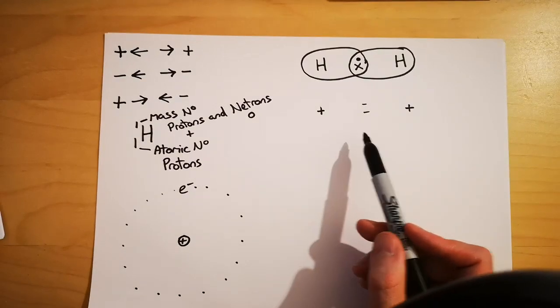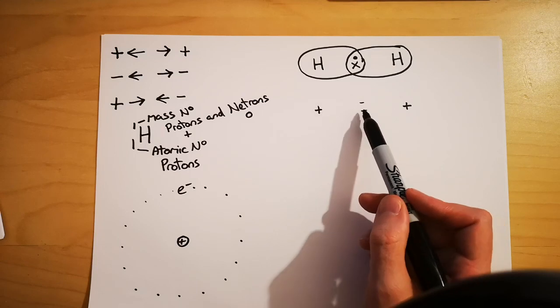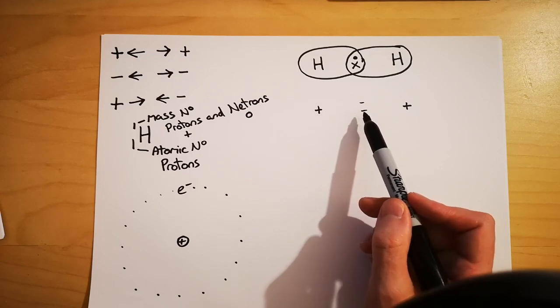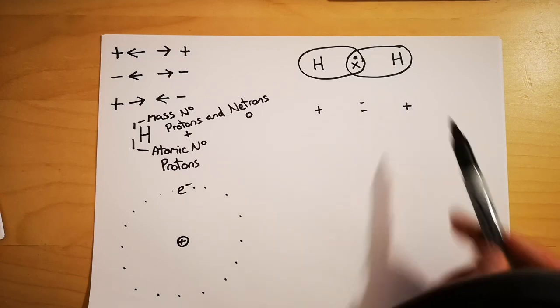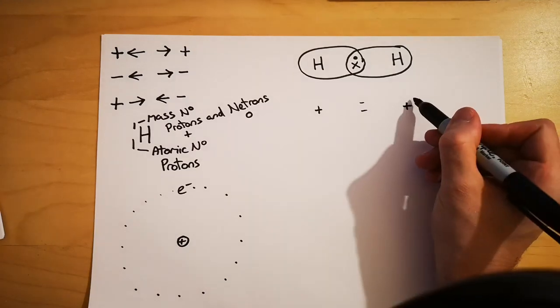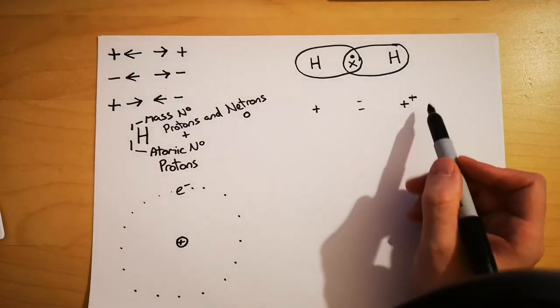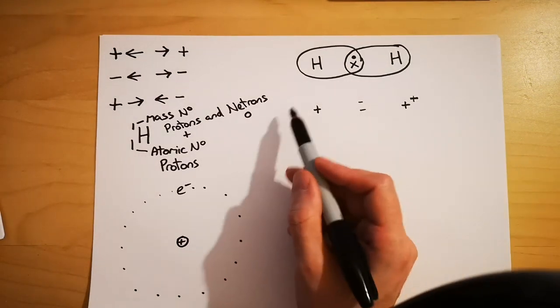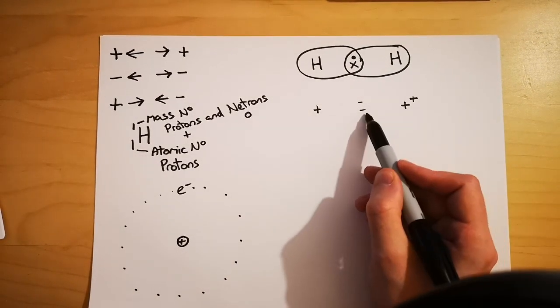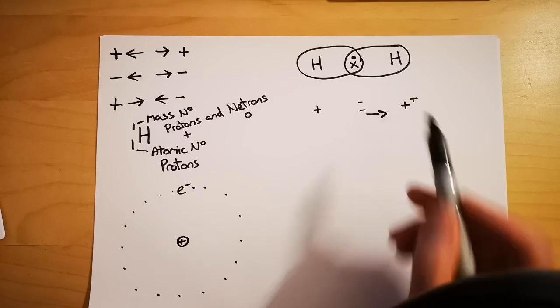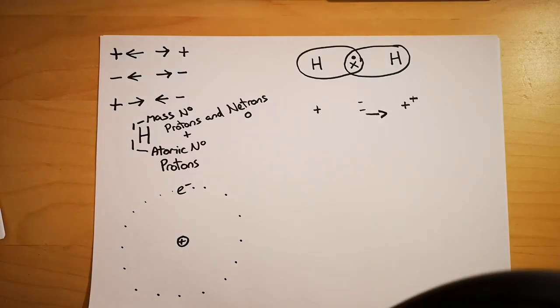So in this tug of war, those two negative charges stay right in the middle. What would happen if I added another positive charge over here? Well, we've got more positive here than we do here. So that's going to make our electrons move to that side.